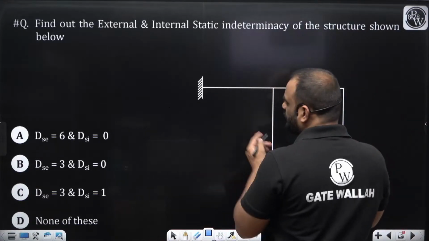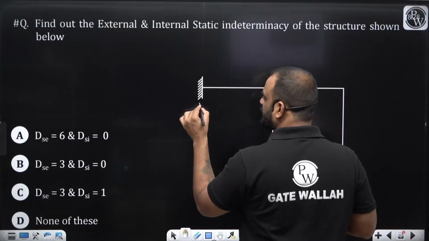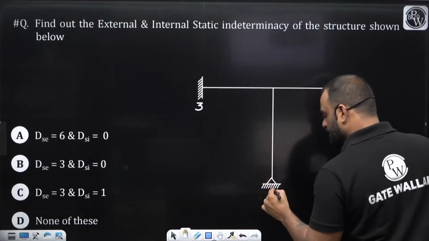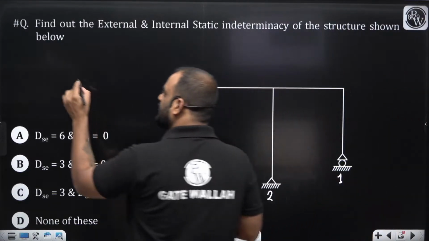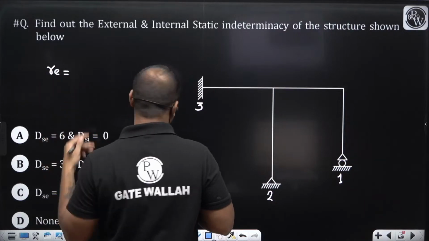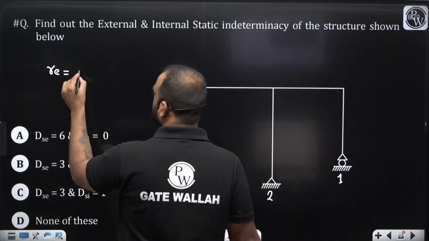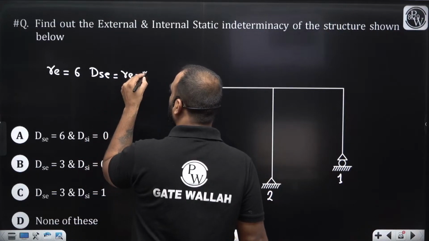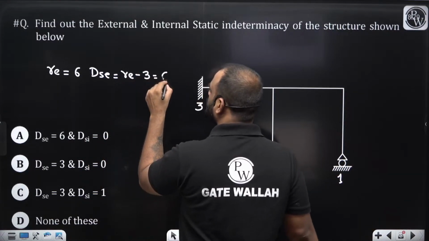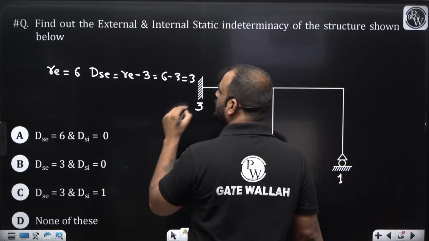It is very, very simple. Let us understand this. For this, it is 3. For this, 2 reactions. For this, it is 1 reaction. How many total external support reactions do we have? That is basically 6. So DSE is equal to RE minus 3, so 6 minus 3, it is equal to 3. What about DSI?